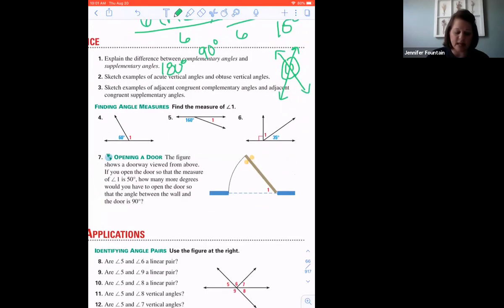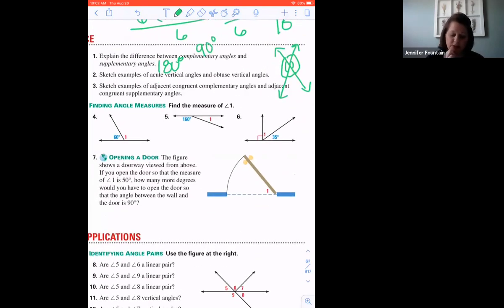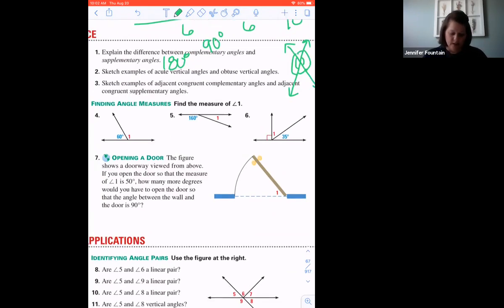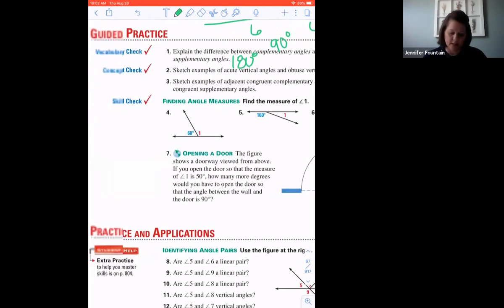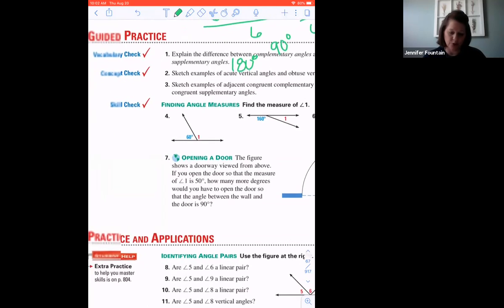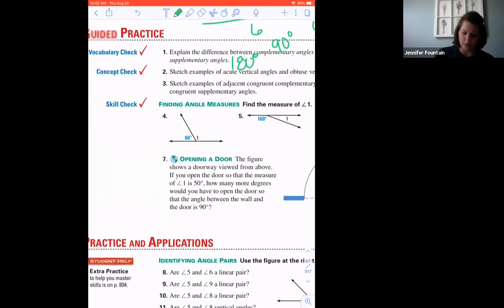Then it says sketch examples of adjacent congruent complementary angles and adjacent congruent supplementary angles. Okay, so if I'm looking at this one, I'll come over here and write adjacent congruent complementary angles.